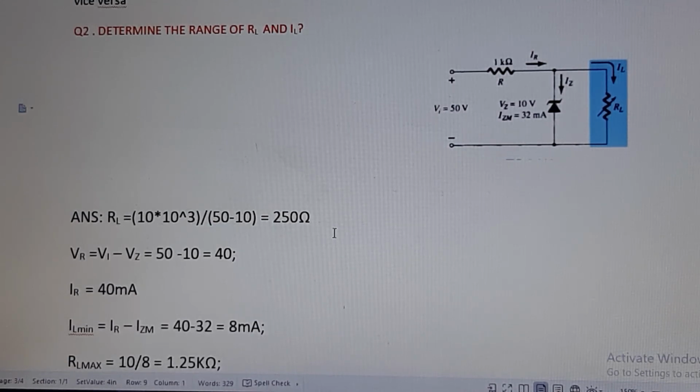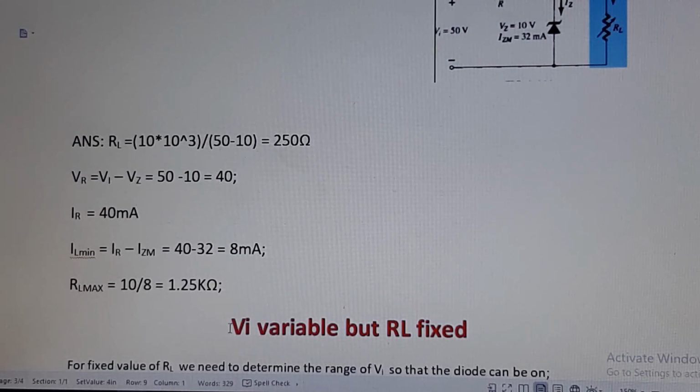So it is 40 minus 32, that is 8 milliampere, and this is the lowest IL load current that flows through the RL, and so the R max will be 10 by 8, that is 1.25 kilo ohm.